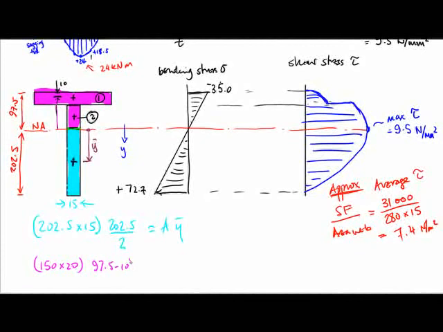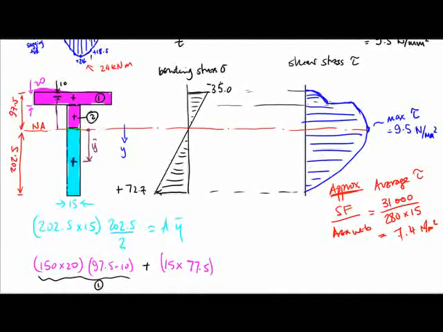Okay, so that is for the first bit, and then we add on the second bit, which is this block here. So width 15, so it's 15 times that distance there, well, if that's 97.5 and this is 20, then this must be 77.5.